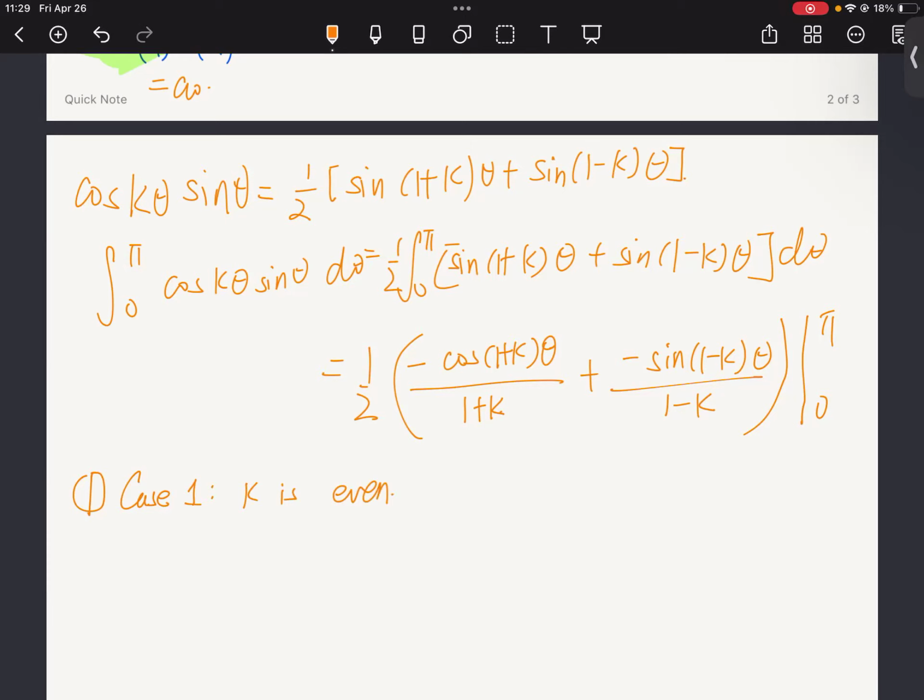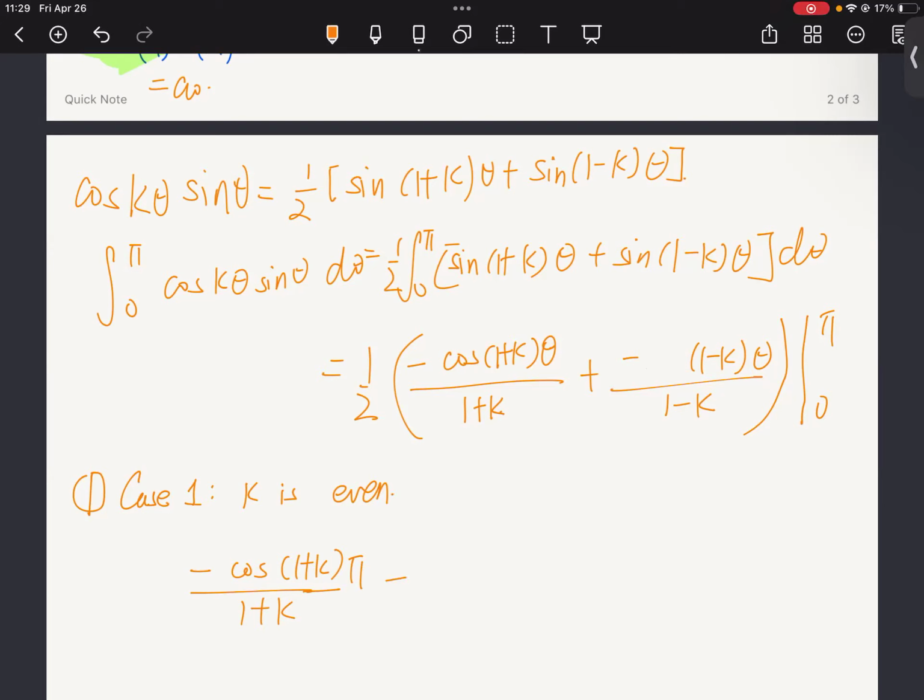If k is an even number, then what is the negative cosine? I'm going to evaluate all these things at pi. I wrote this wrong here.